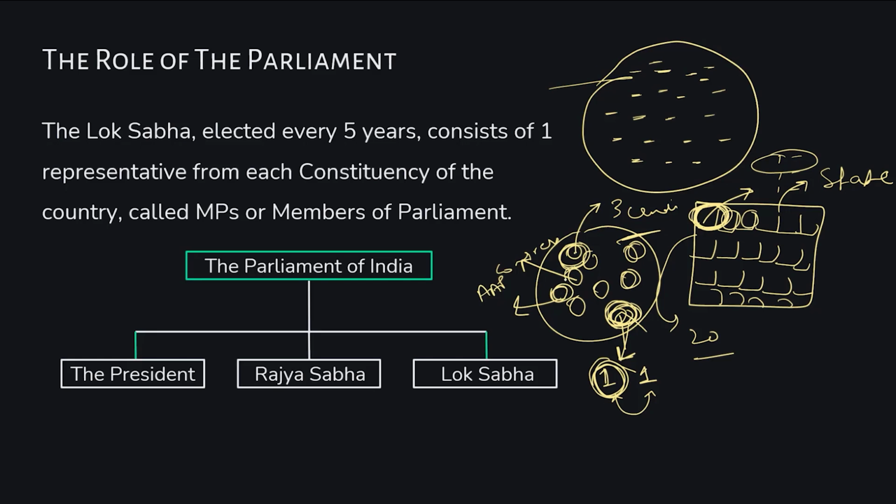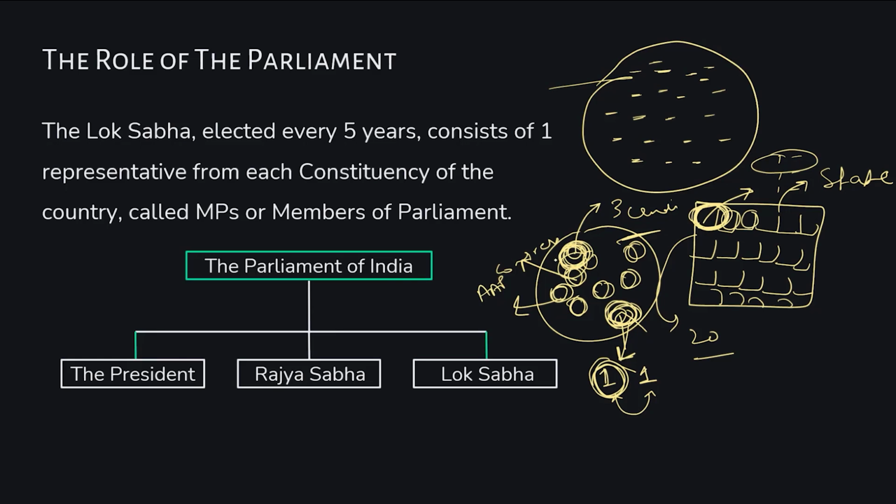The number could be different, but at the end of the day, the people choose amongst the 3 candidates. For example, since this is a constituency and 3 candidates have stood to get elected, the person who gets the maximum number of votes will become the MP of this constituency and become a member of the Lok Sabha.